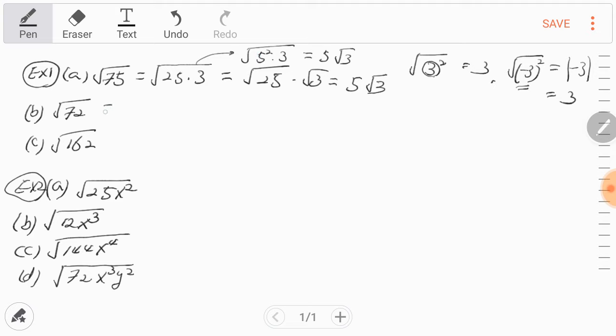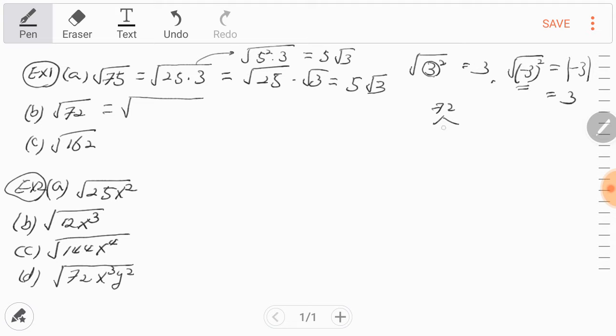How about 72? Let's separate 72 as a product. 72 is 36 times 2, right? How did you get 36? Let's divide 72 using the tree method.